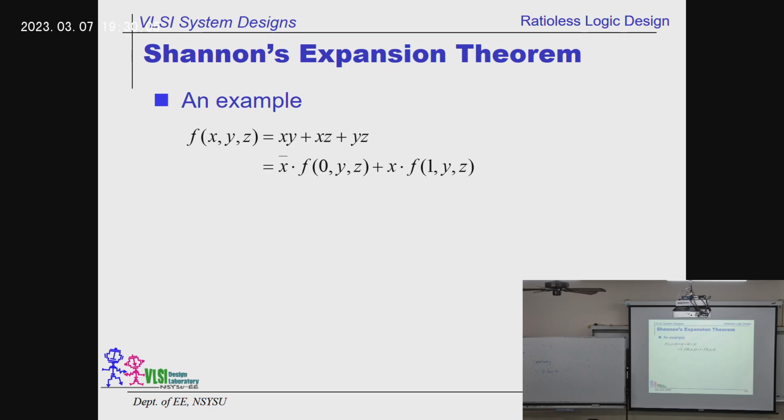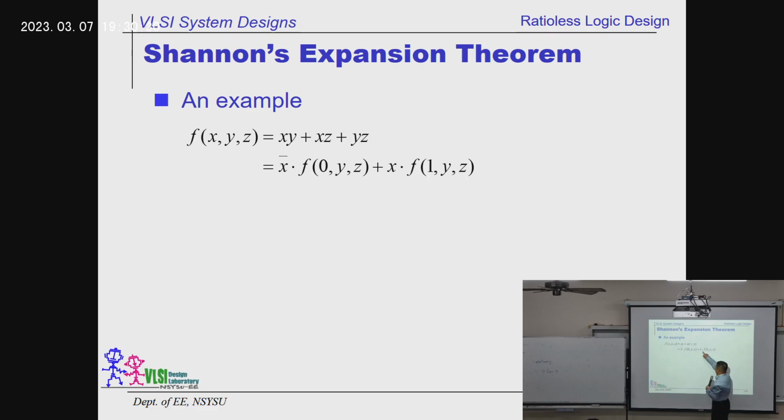We substitute x with 0. So we get 0 here, and yz is the only term left. So we get x bar times yz for the first one.